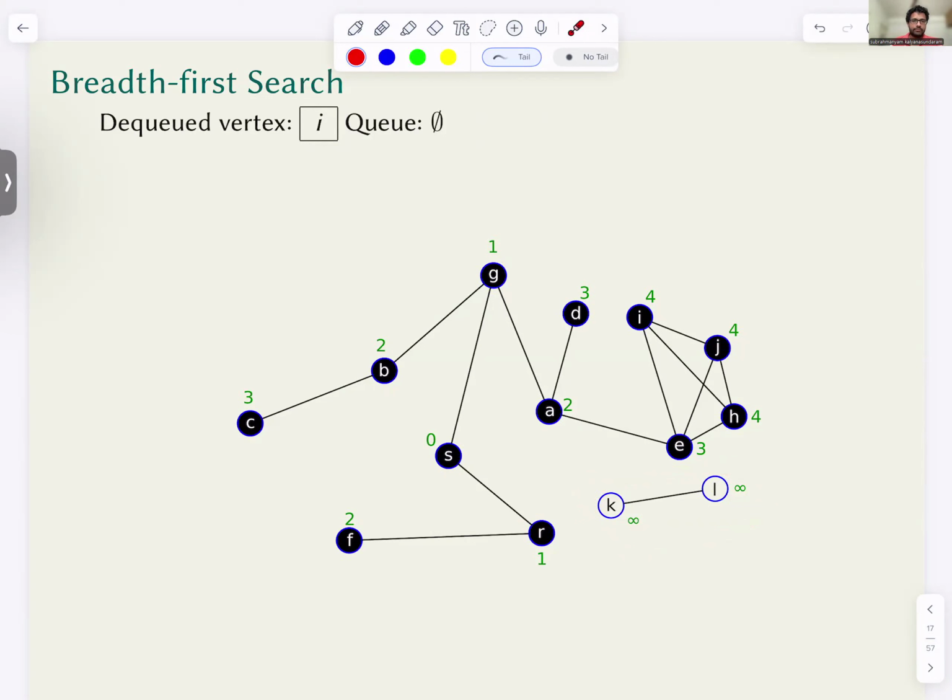Sir, is S randomly chosen? No. One property of breadth first search that we'll soon see is that this actually gives the length of the shortest path from the source vertex. So perhaps we need to start exploration from a certain vertex, maybe we need to find the shortest path from a certain vertex.